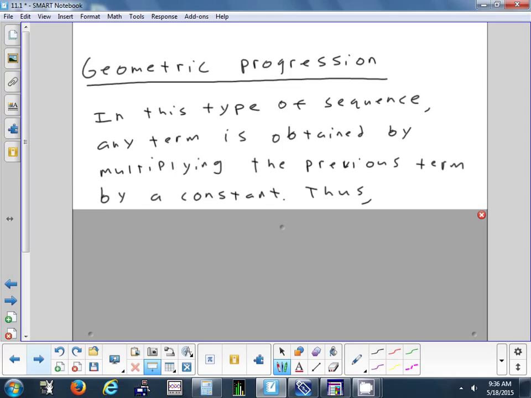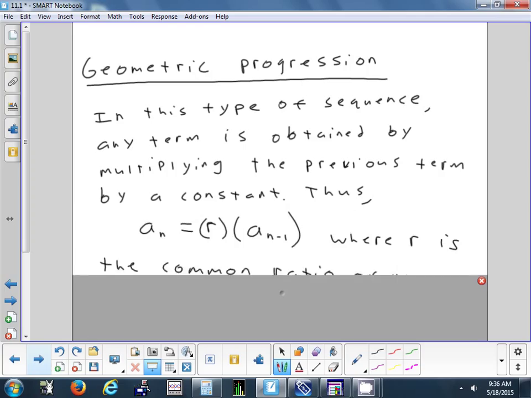Anybody tell me what 2 numbers could I approach? It all depends on if your constant's bigger than 1 or less than 1. So if your constant is bigger than 1, you're going to end up approaching infinity. And if it's less than 1, you're going to end up approaching 0. Right. Okay, so if you multiply by a number bigger than 1, your sequence grows infinitely large. If you multiply by a number less than 1, or between 0 and 1, your sequence will approach 0.